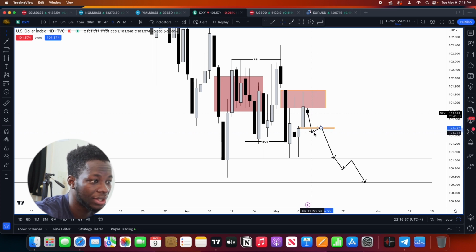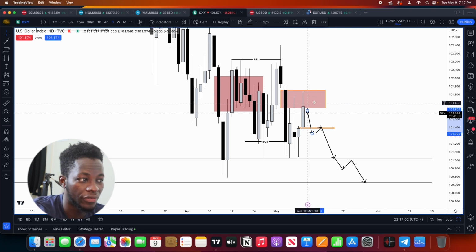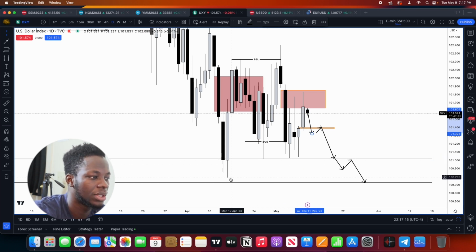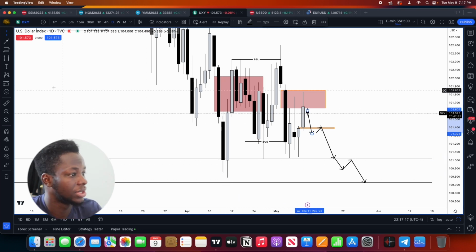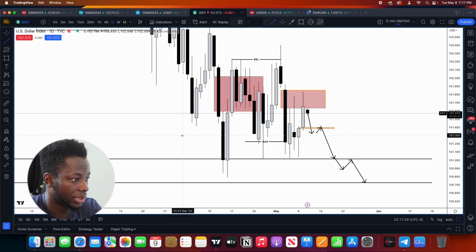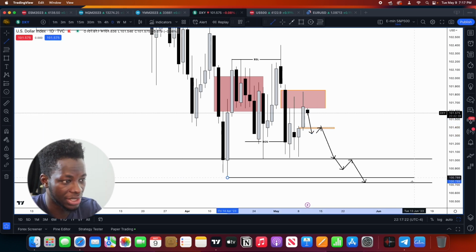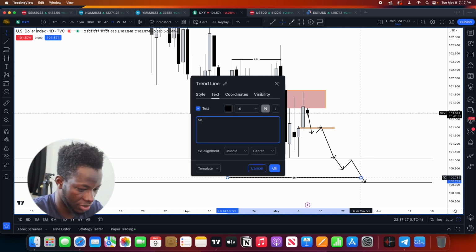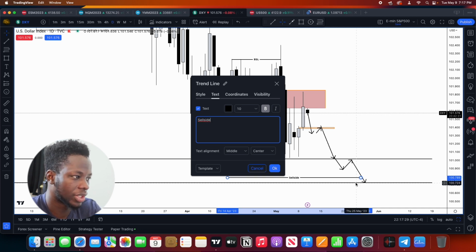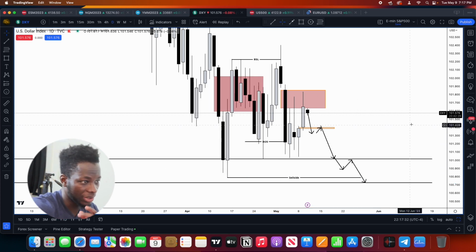I'm looking at DXY to drop lower, moving from this volume fair value gap, dropping, maybe being a little bit stagnant around this level. Once it breaks down, we are going to look at the consequent encroachment, the lows below here, and below this here, which is the ultimate sell side that I'm looking at for pretty much the rest of the month.